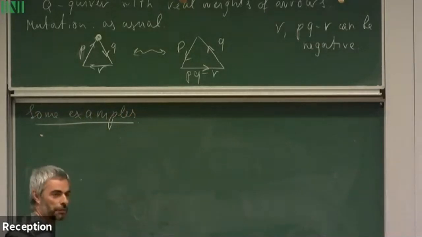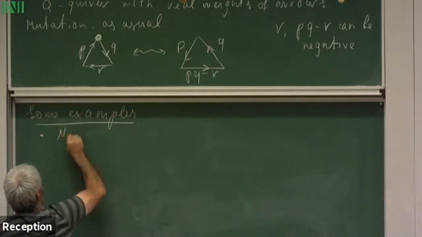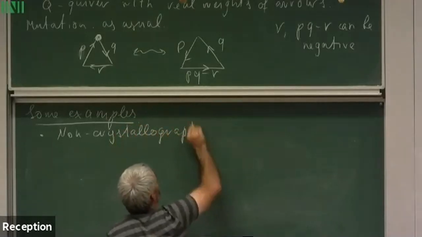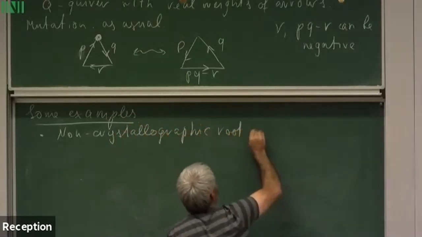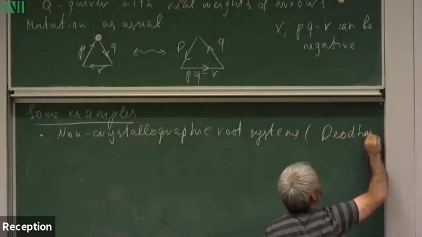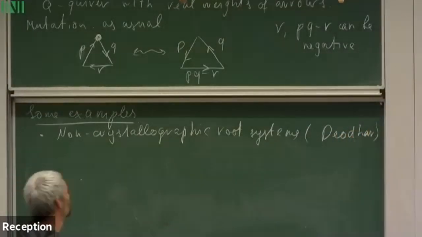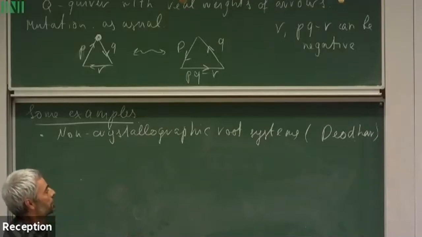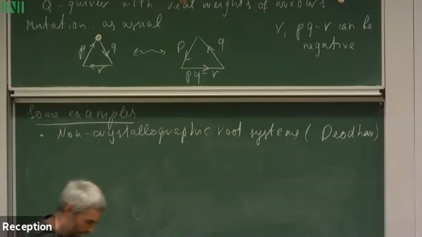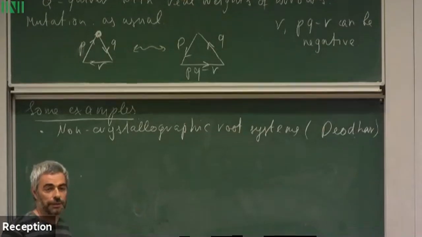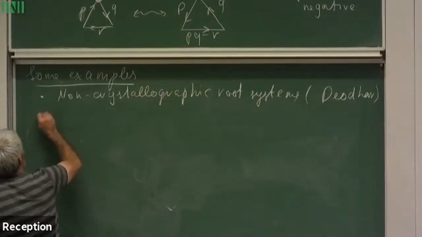First, and somehow the most interesting for us, are non-crystallographic root systems. This means that we have vectors of equal length, normally of length 2, and they satisfy all properties of a root system, except for the crystallographic condition of integrality of the Cartan matrix.